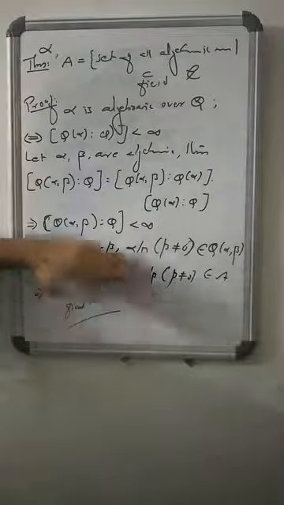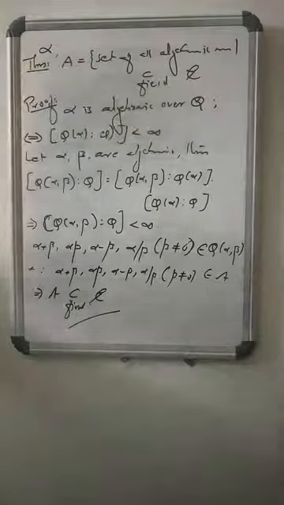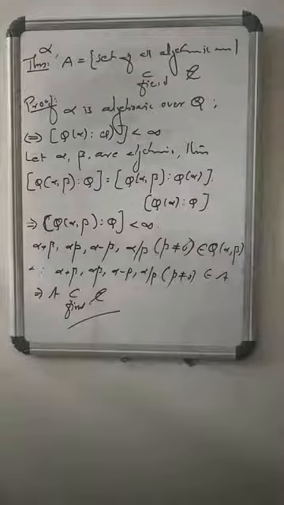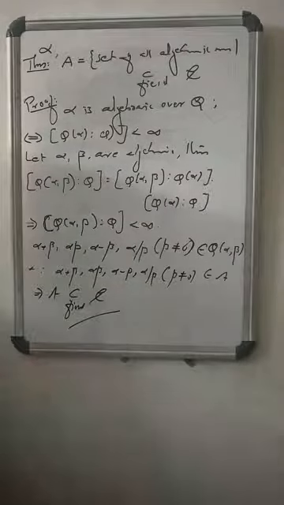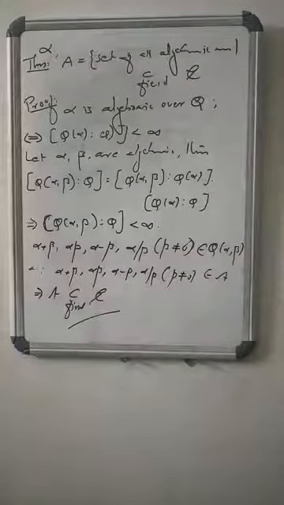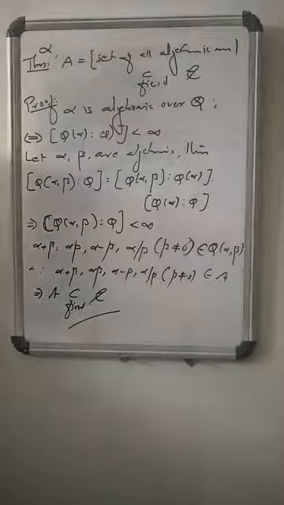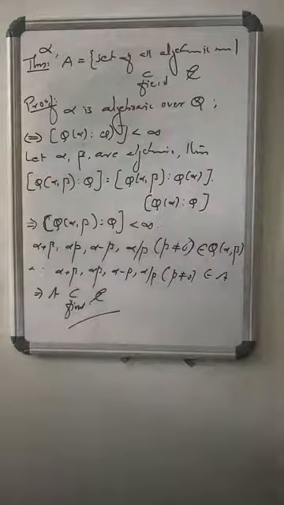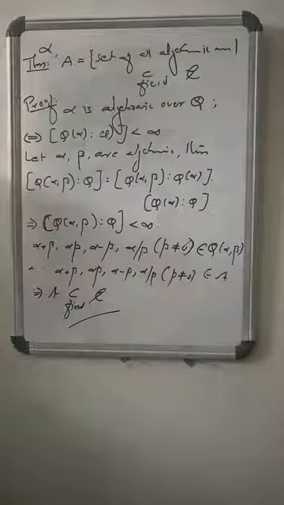So all of these elements are present in A, because A is the set of all algebraic numbers. Therefore, A is a subfield of the complex field C. That is what we require. The proof follows immediately from the well-known result that when alpha is algebraic over Q, the degree of Q(alpha) over Q is finite.